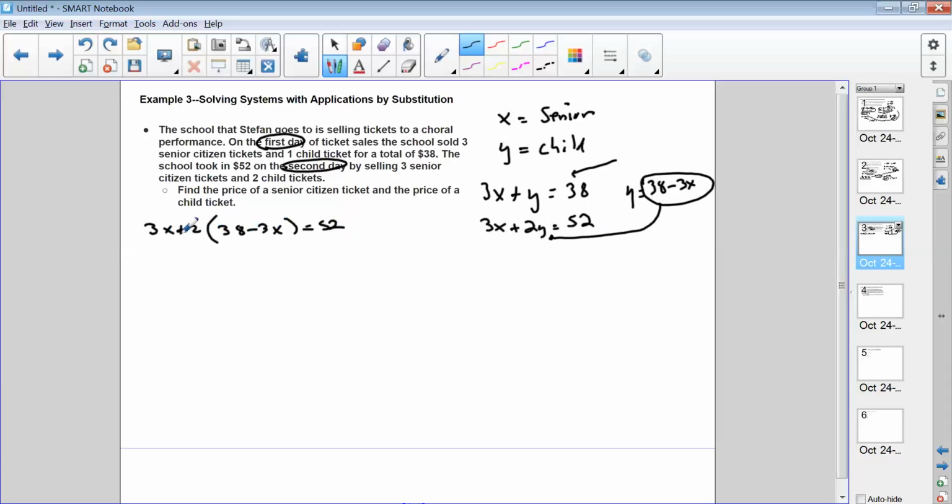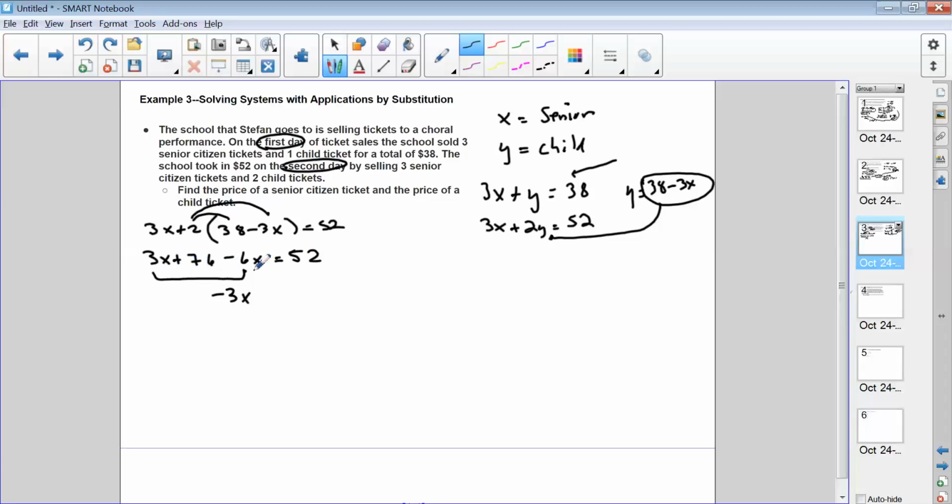Again, I'm in one variable of x, so when I solve this, I'll know how much the price of a senior ticket would be. So that's going to be 3x plus 76 minus 6x is equal to 52. I combine these terms and I get negative 3x.